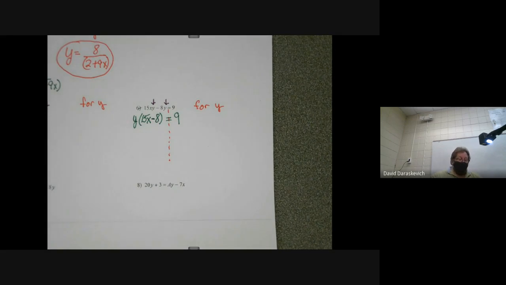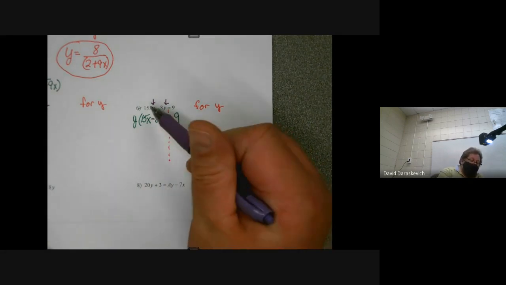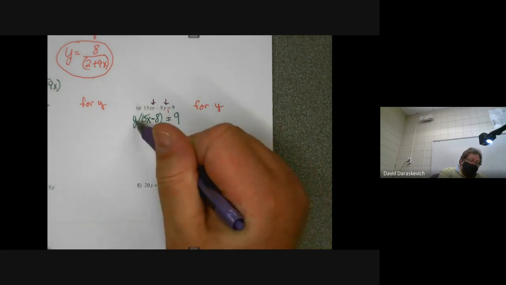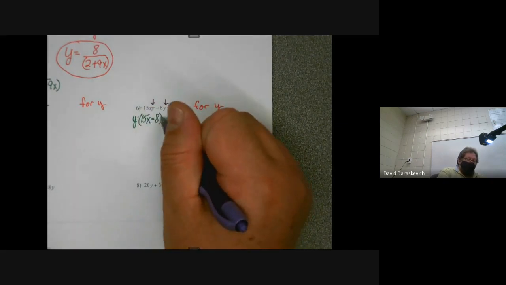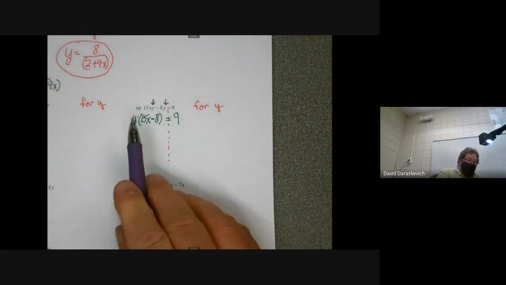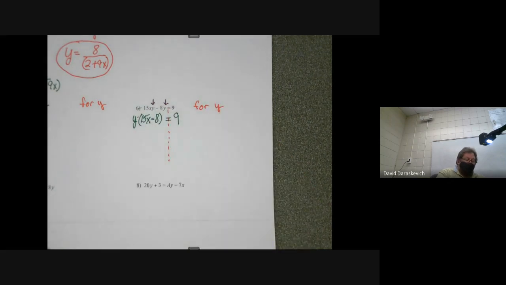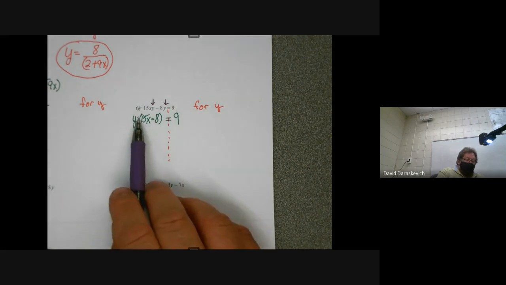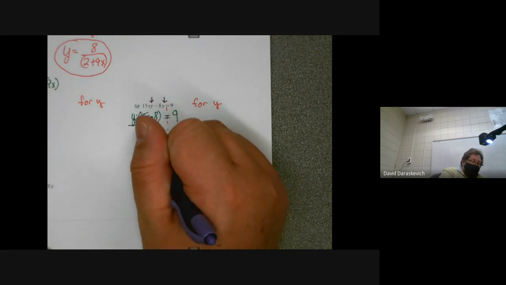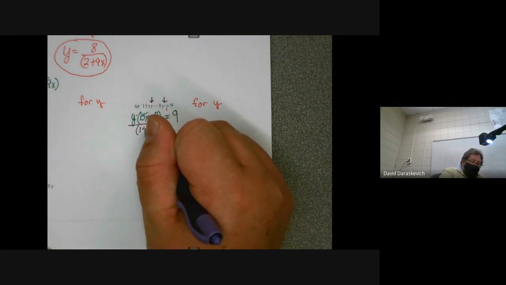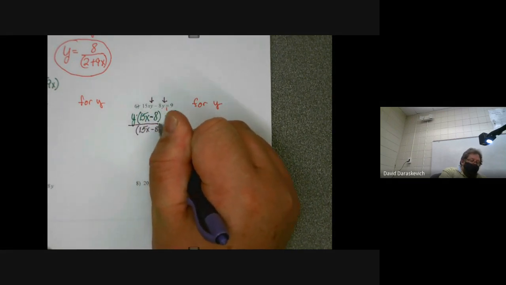Now, looking at this term, I now just took 2 terms and made 1 term with multiplication between them. I made this its own number by putting parentheses around it. So I actually have 1 number times another number. I can undo the multiplication here by dividing by this number, 15x minus 8.